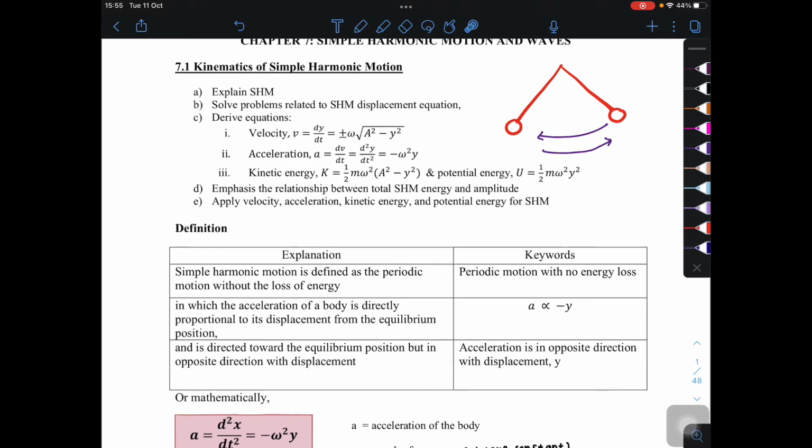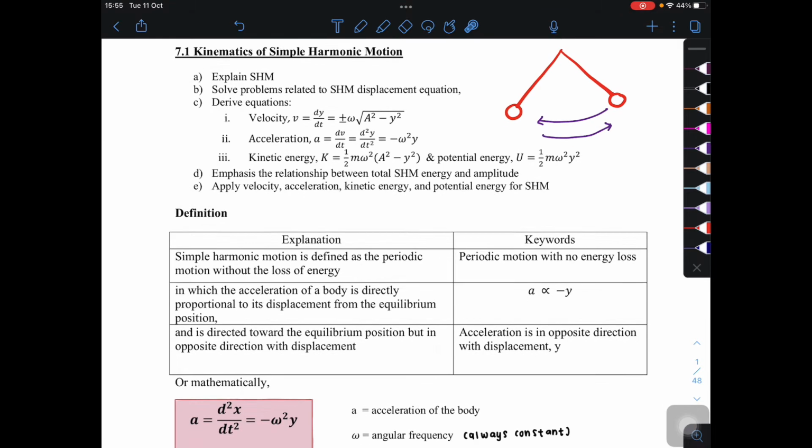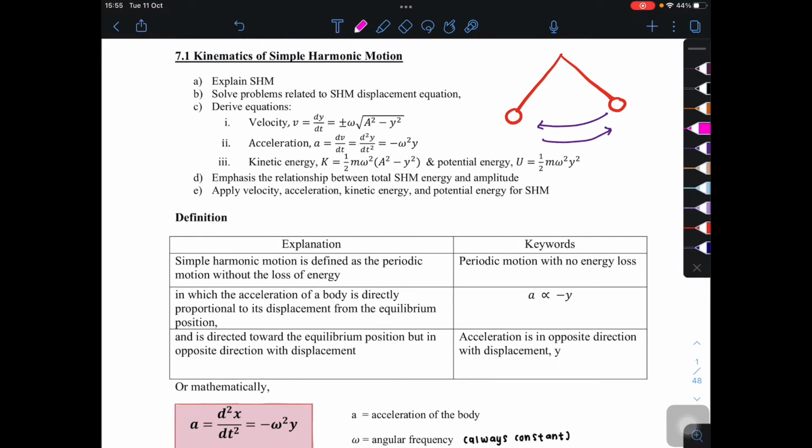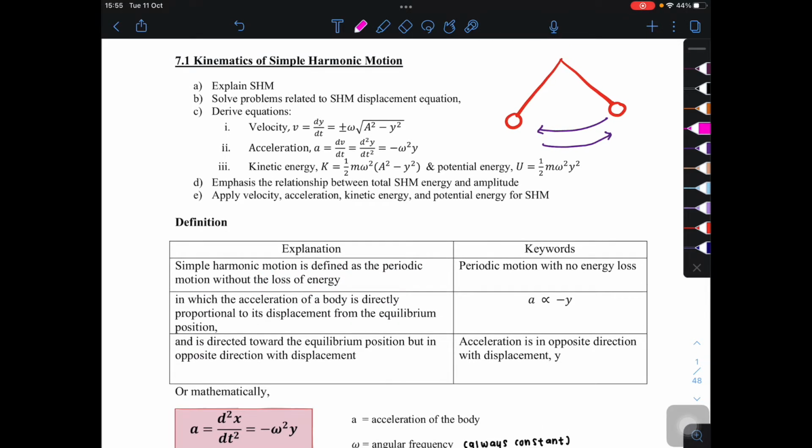Okay, so here, the definition of simple harmonic motion is the periodic motion without the loss of energy. So in this motion, we have two types of energy yang terlibat. One is kinetic energy.